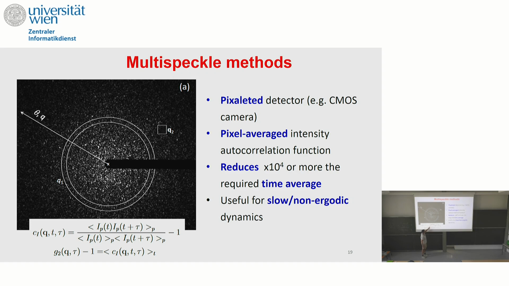So that means do the sum for all pixels P belonging to the box or the circle and divide by the number of pixels. Yes. You average for a given norm of Q.